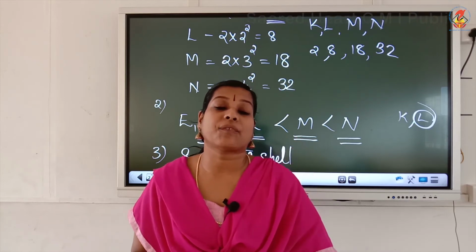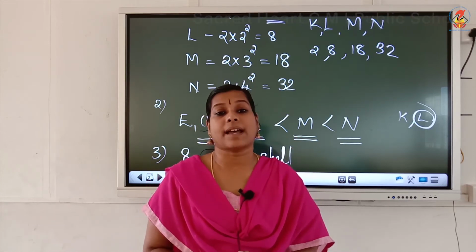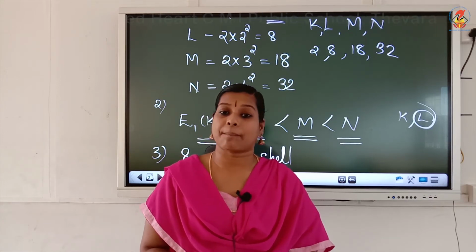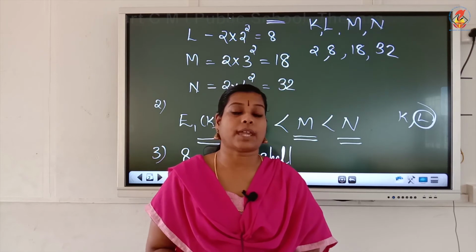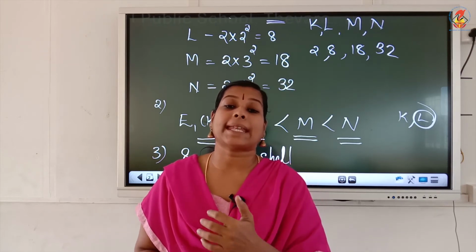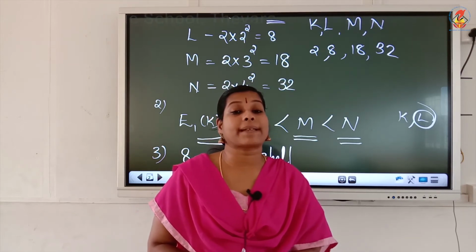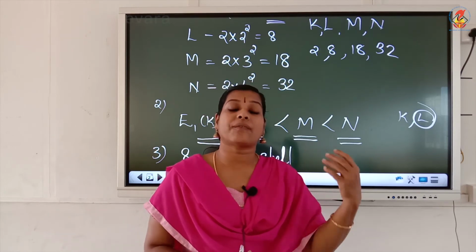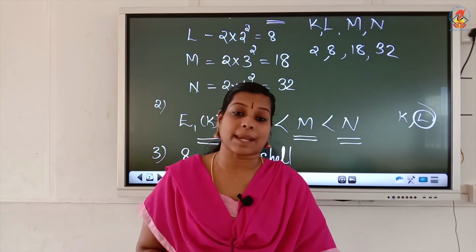Maximum capacity for a shell to hold electrons is 2n square, where n is equal to 1, 2, 3, 4, like K, L, M, N. So, 2, 8, 18, 32 will be the maximum capacity for K, L, M, N shells. And filling of electrons will take place in a stepwise manner.